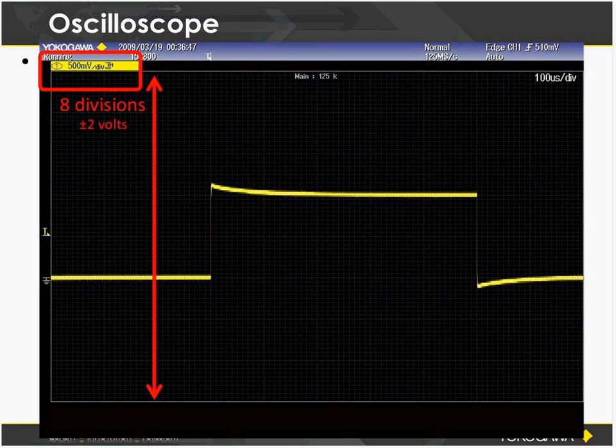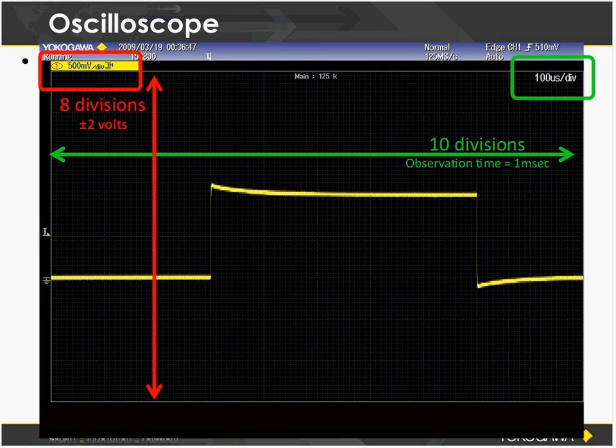So if you count the squares, there'll be 8 squares from top to bottom, and there will be 10 squares or 10 divisions from left to right. This is just a historical convention that is carried through modern oscilloscopes, and it's just a convenience thing. It helps you very quickly look at the number of divisions to size up the amplitude or the time of the waveform you're looking at.